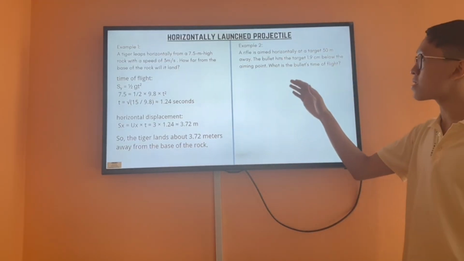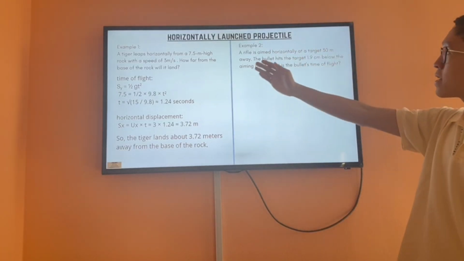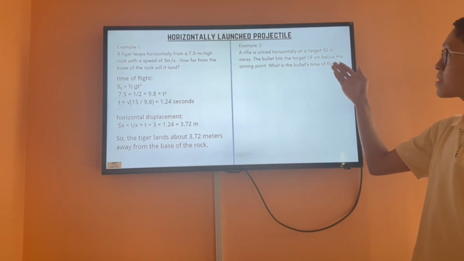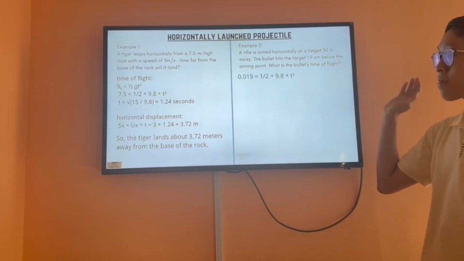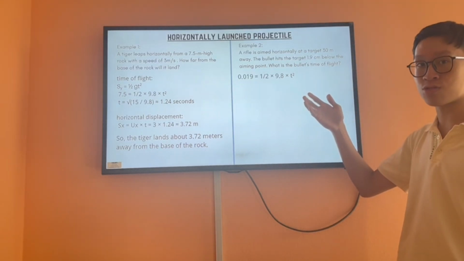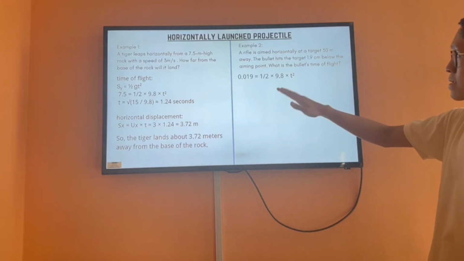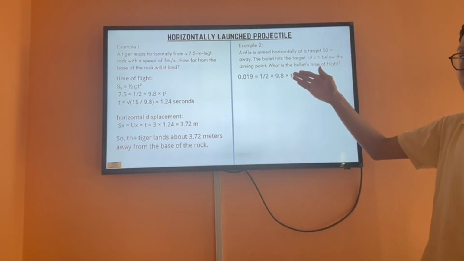And the second question. A rifle is aimed horizontally at a target 30 meters away. The bullet hits the target 1.9 cm below the aiming point. What is the bullet's time of flight? To calculate the time of flight, we use the same formula, s equals 1/2 g t squared. However, in this case, the s will be 1.9 cm and the g will be the same, 9.8.